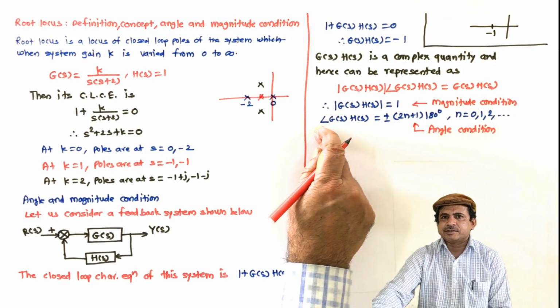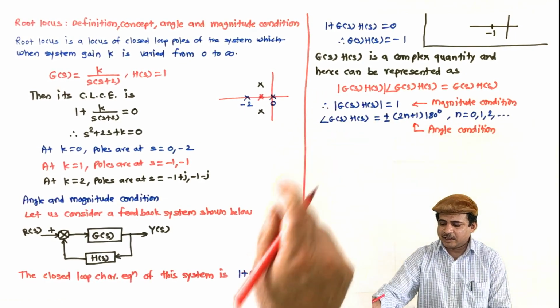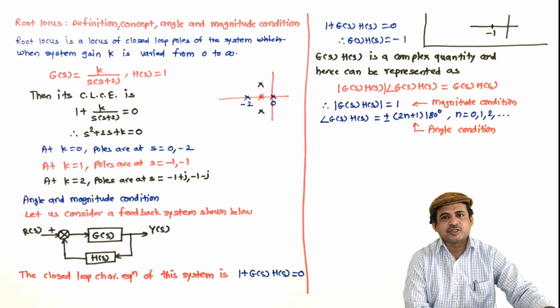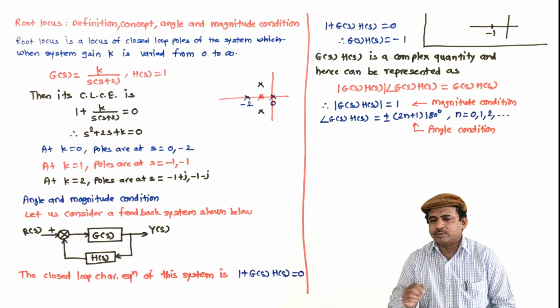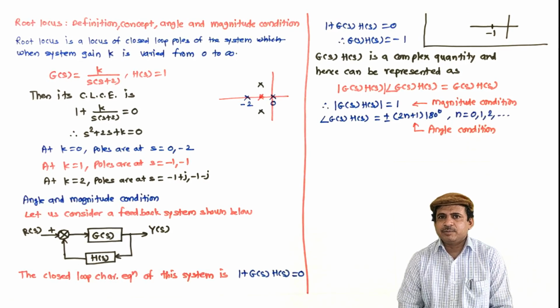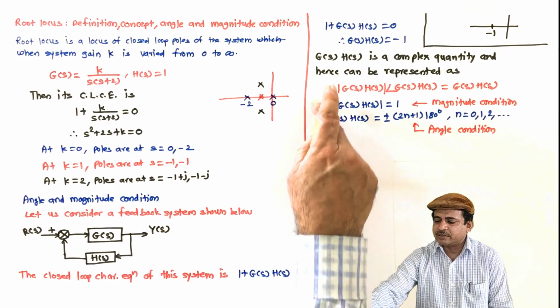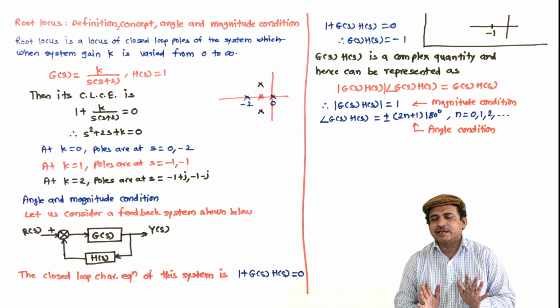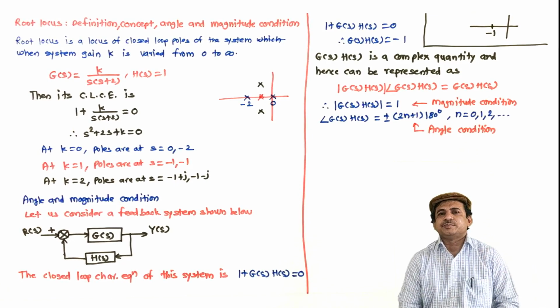As these are conditions of the characteristic equation, these conditions must be satisfied by every root of the characteristic equation. So any point will be part of the root locus if and only if these two conditions are satisfied. If these two conditions are satisfied, then one can say that the point is on the root locus.